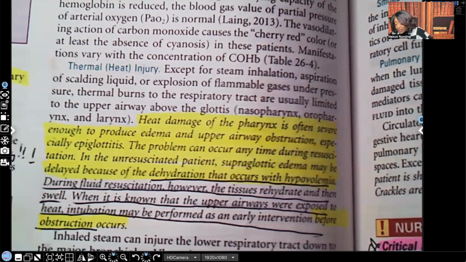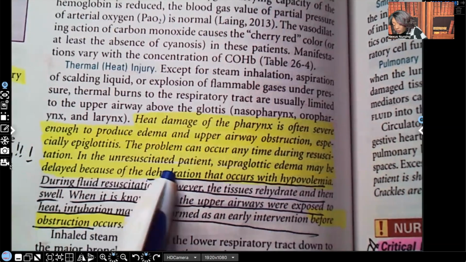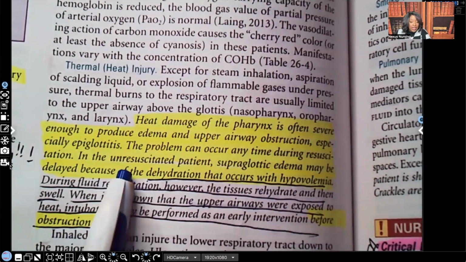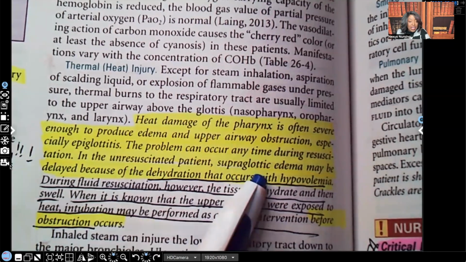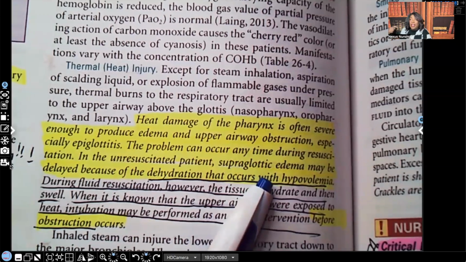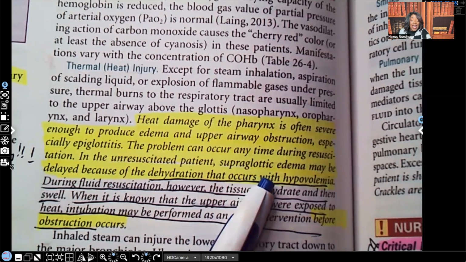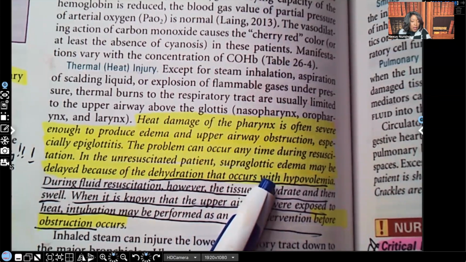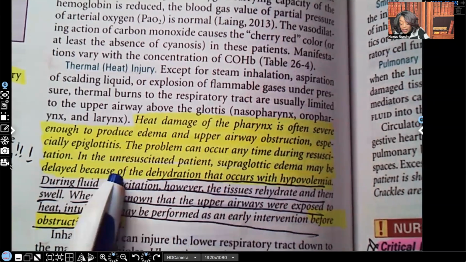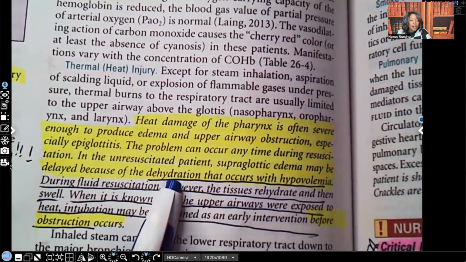So look what it says right here. In the unresuscitated patient, the supraglottic edema may be delayed. Why? Because if that patient has not been resuscitated yet, all of that fluid is still staying where? In that interstitial area. It has not gone back to the vessels. So look at what it says, because of the dehydration that occurs with hypovolemia.